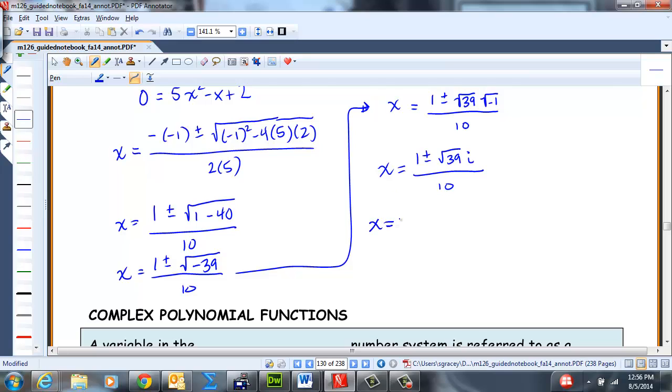Rewriting in the form of a complex number, we'll get 1/10 plus or minus root 39 over 10 times i. So our solution set will be as so. How'd you do? Awesome.